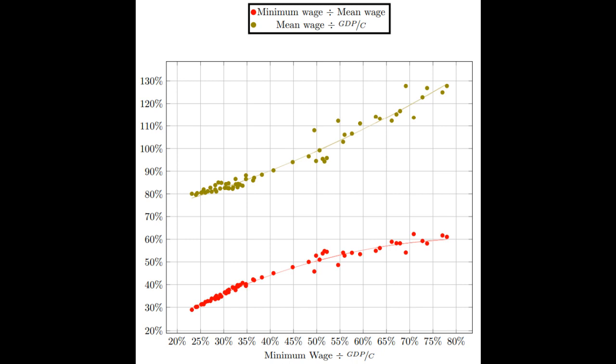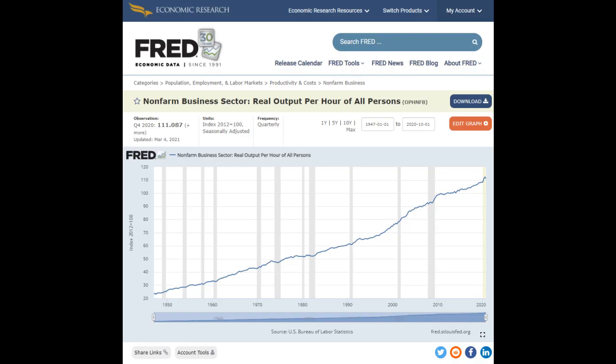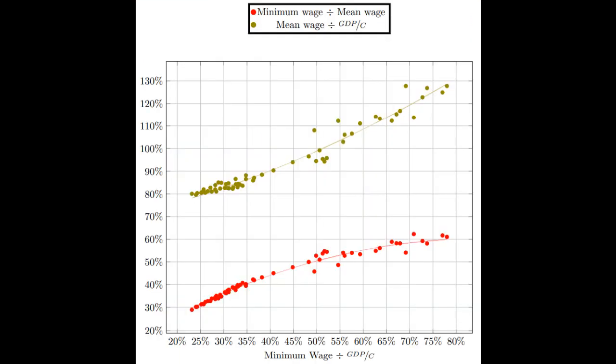Now, this makes some sense. GDP is basically everything produced, and per capita GDP is that divided by all the people. Productivity is measured by GDP per hours worked, but the two generally move together. In any case, raising the minimum wage by any measure causes wages to come closer together, and because wages come closer together as minimum wage increases, existing technology must become more cost-effective, leading to reorganization of the workforce.